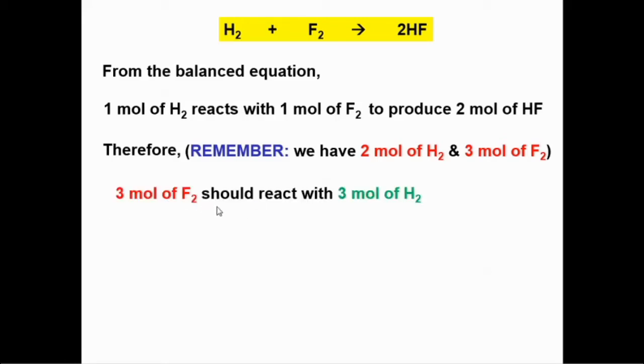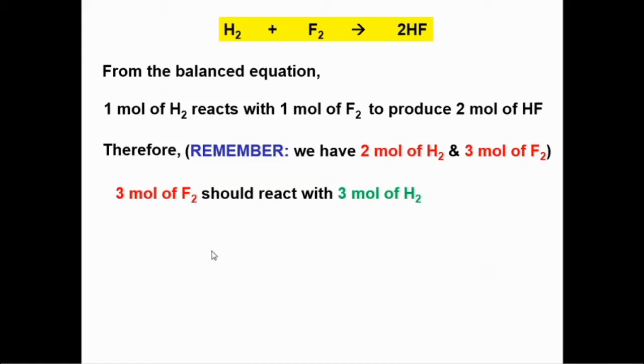Then 3 moles of fluorine should react with 3 moles of hydrogen, because the ratio of hydrogen to fluorine in the balanced equation is 1:1. So if we have 3 moles of fluorine, for the reaction to be completed, 3 moles of hydrogen must react with 3 moles of fluorine.